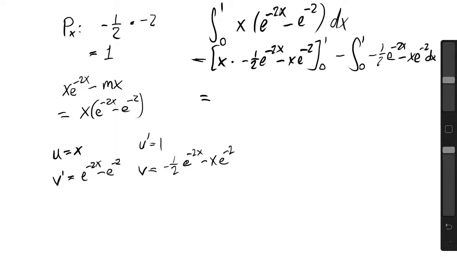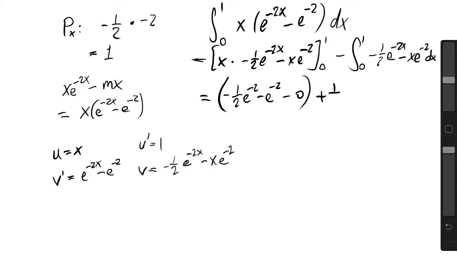And for the left part, for x is 1, this is 1, so minus a half e to the minus 2 take e to the minus 2, and the lower limit is just 0 times that, which is 0, so that's straightforward.